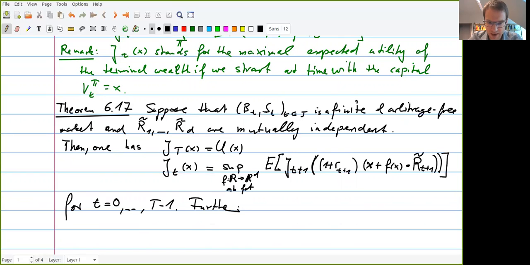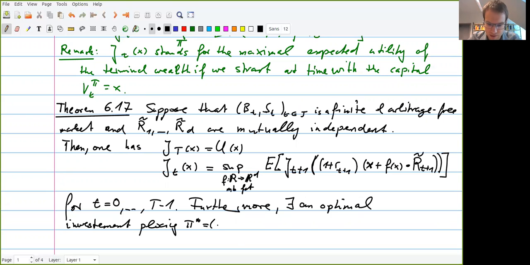Furthermore, there exists an optimal investment policy P star, just to recall what optimal investment policy was.